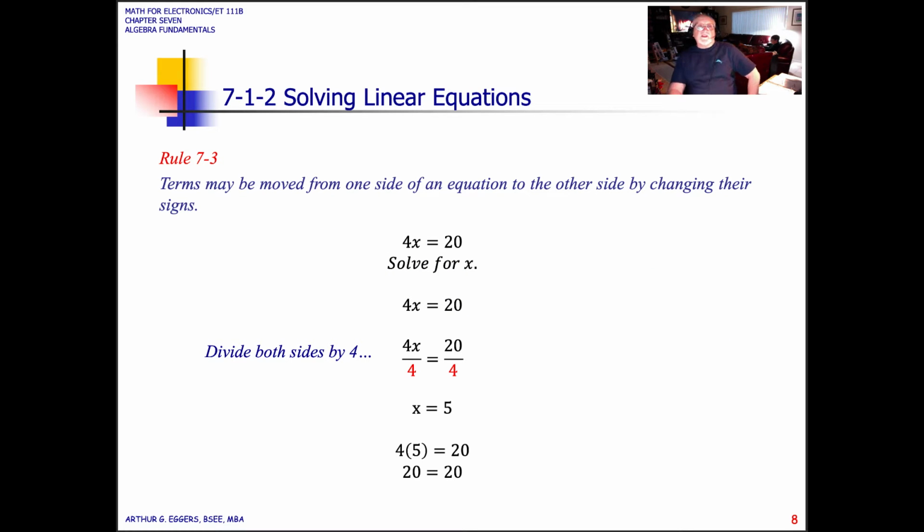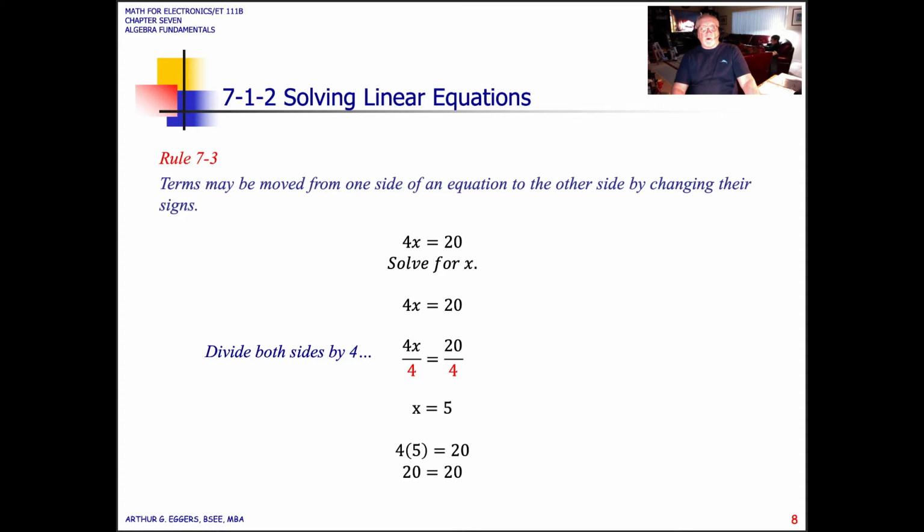Rule 7.3, terms may be moved from one side of an equation to the other by changing their signs. So if we look at this example, 4x equals 20, we're going to solve for the unknown x. To do this, instead of subtracting or adding to both sides, we're going to divide both sides by that value of 4 that we have on the left side of the equation.